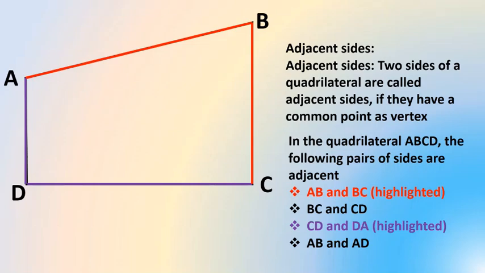I have highlighted only two pairs, but there are four pairs because there are four vertices. Clear? You should know now: if I ask what the adjacent sides at vertex B are, you should say AB and BC. Remember this. It comes in higher classes also.